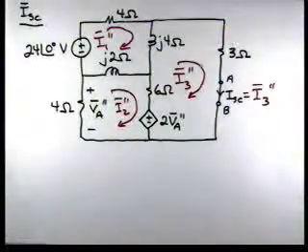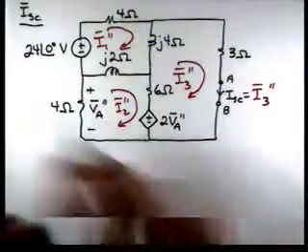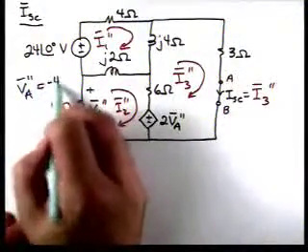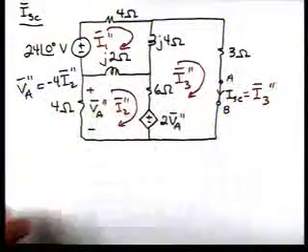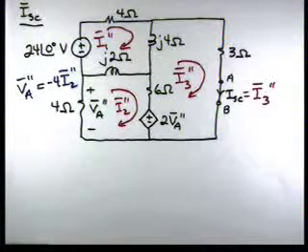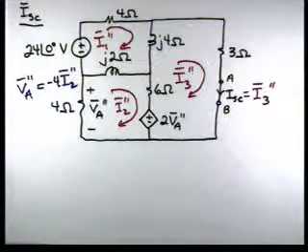And again, our controlling variable VA double prime is going to be minus 4 I2 double prime. So now we've got three unknowns, I1 double prime, I2 double prime, and I3 double prime. As a result, we're going to need three equations.